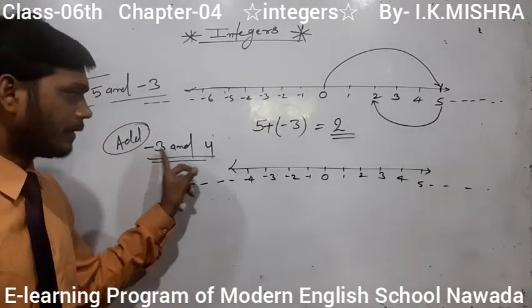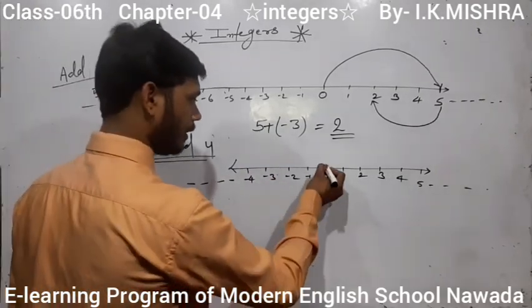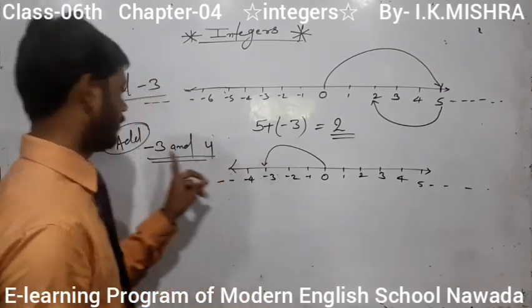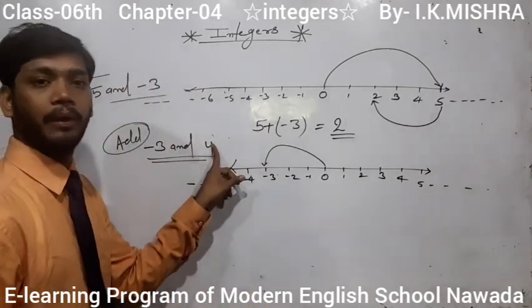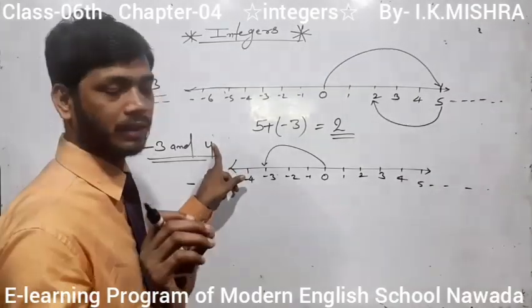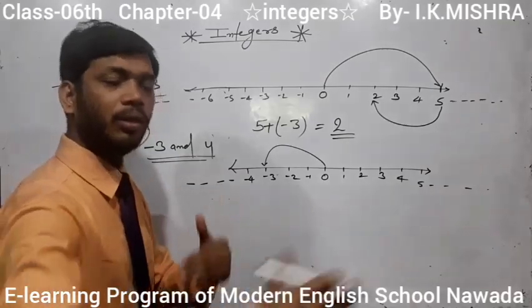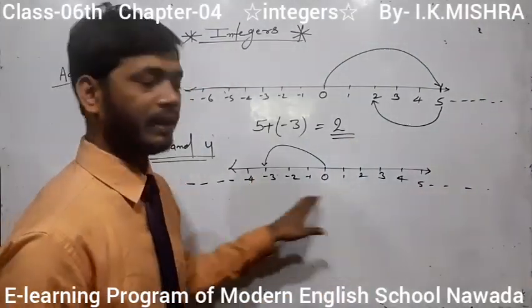Here -3, you go to the left side. Then add +4. When you have to add a positive integer, go left to right. Here you have to go in this direction.